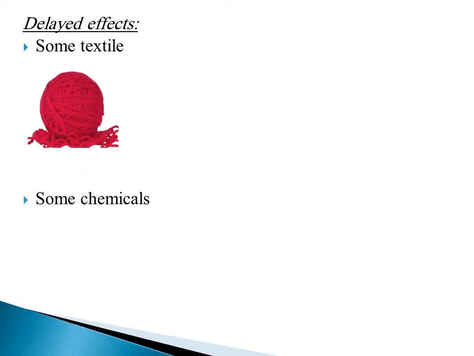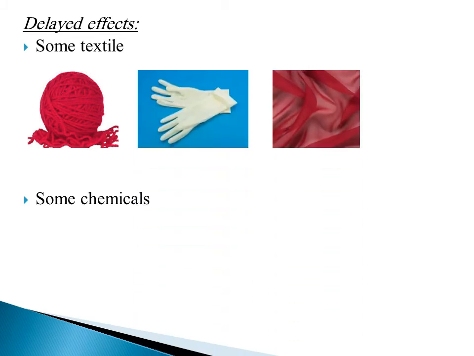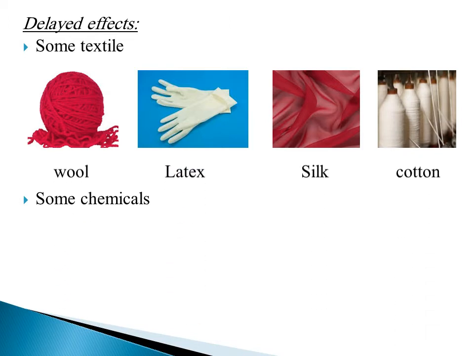Other types of allergens are the ones that have delayed effects, which means that their effect or the symptoms appear after 2 to 6 hours, not directly after a few minutes. These are some textiles and some chemicals. Examples of textiles are wool, latex, silk, and cotton.